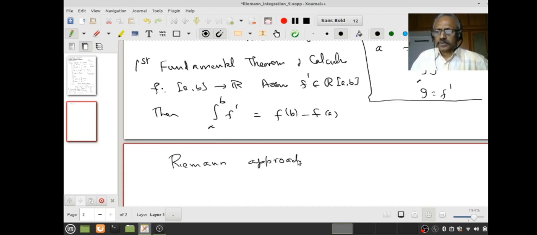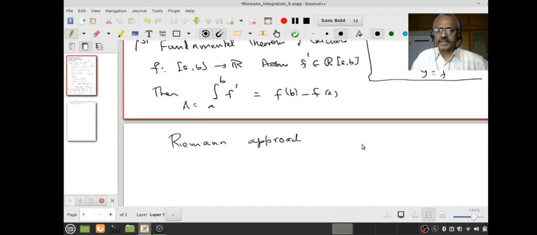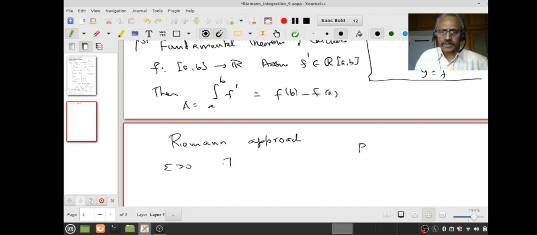So what does the Riemann approach say? Call this integral capital A. What does it say? Given epsilon positive, there is a partition P so that for every partition Q which is finer than P, and for every set of tags, let us look at the Riemann sum S(f, Q, T).